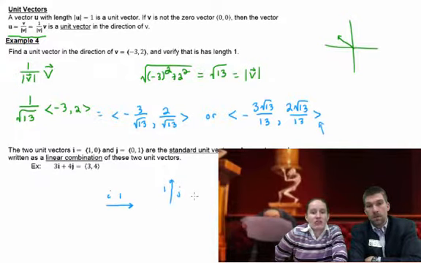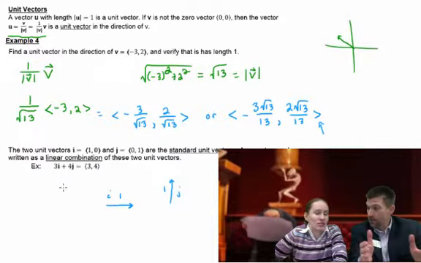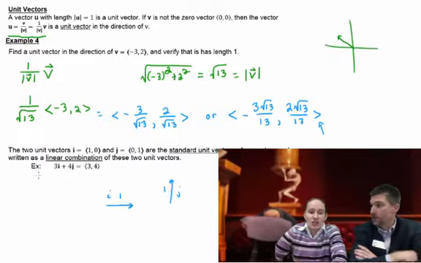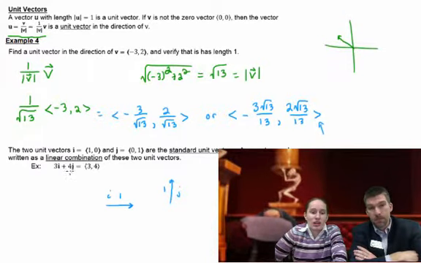These are the standard unit vectors, and we can make any vector into what's called a linear combination of these 2 vectors. We would use whatever numbers we were given for our vector as the components. An example is that 3i plus 4j is simply talking about the vector <3, 4>. Any of the vectors we've used so far, we could instead write it like this.